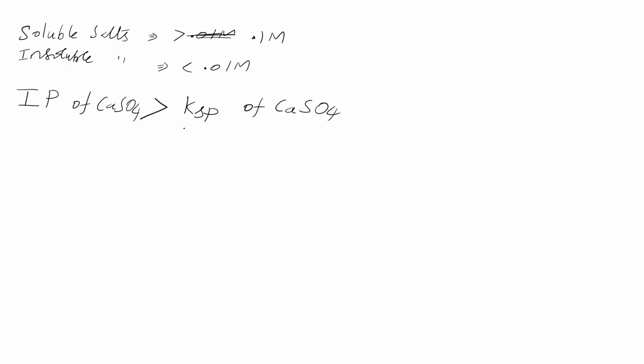Okay, so how do we write the ionic product? The same mathematical expression you write for the solubility product, you write for the ionic product, but the meaning is different. For that we write the equilibrium: calcium sulfate solid on the left side, and on the right side calcium ions aqueous and sulfate ions aqueous.